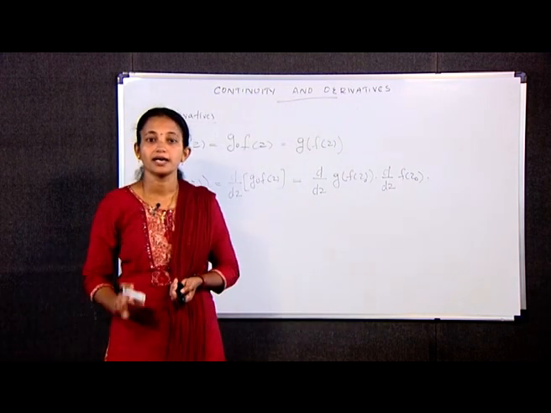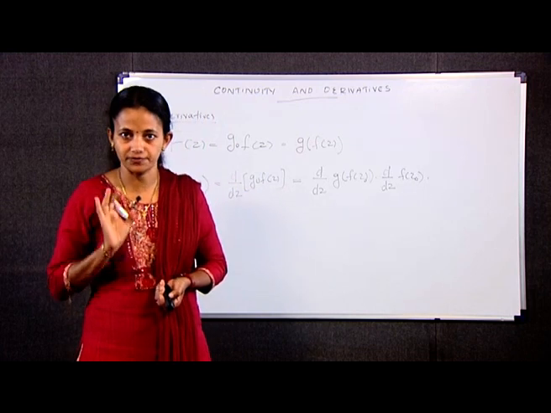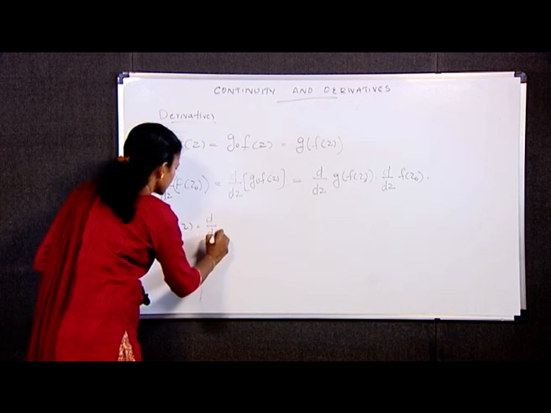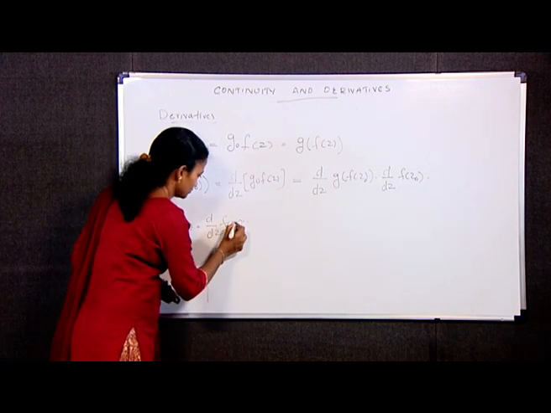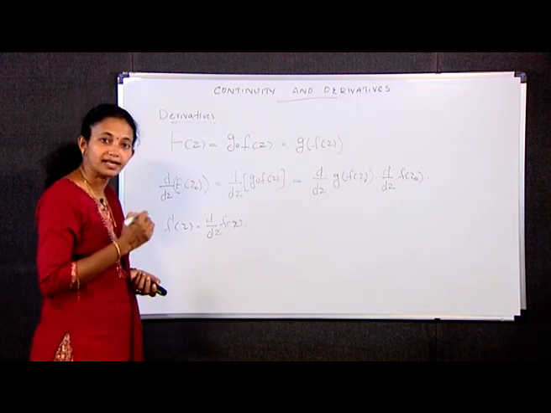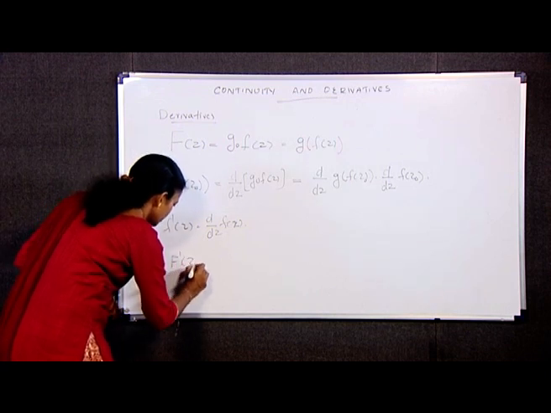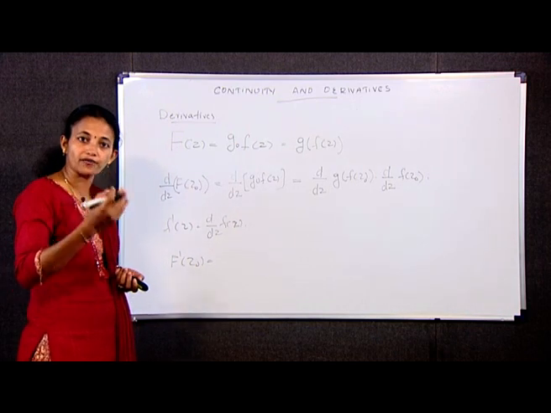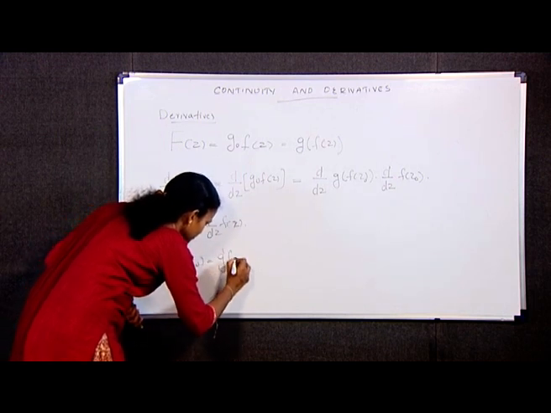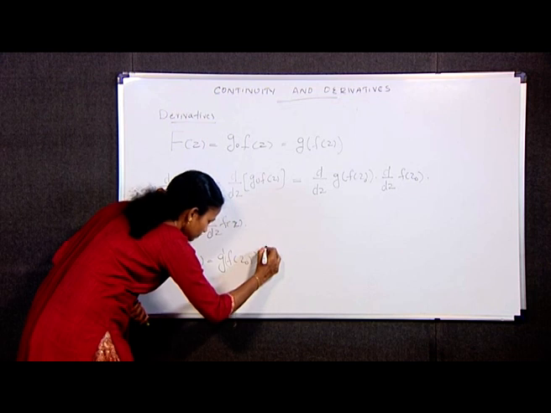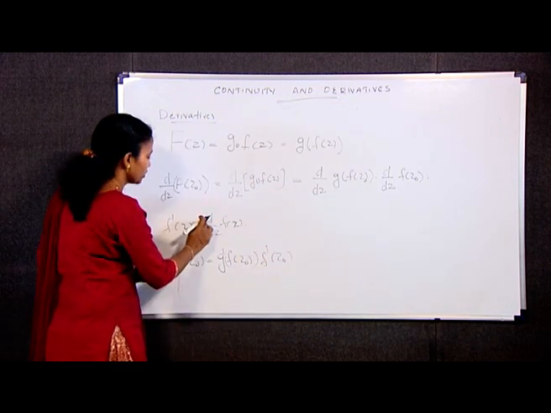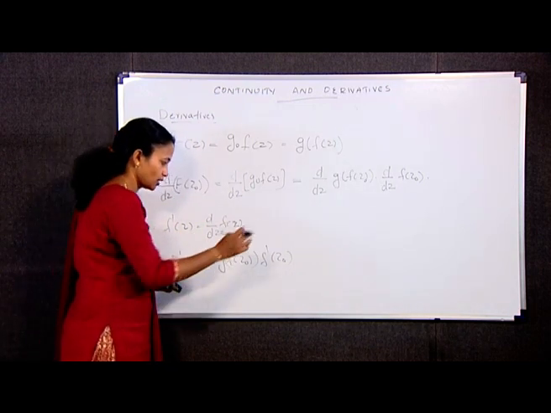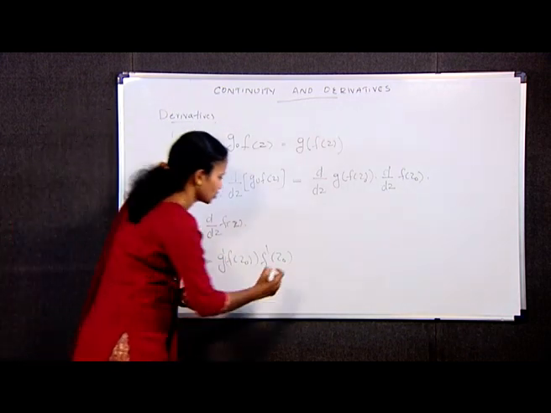If we write f dash z for d by dz of f(z), we get F dash z naught is equal to g dash of f of z naught into f dash of z naught. This is equation number 1.